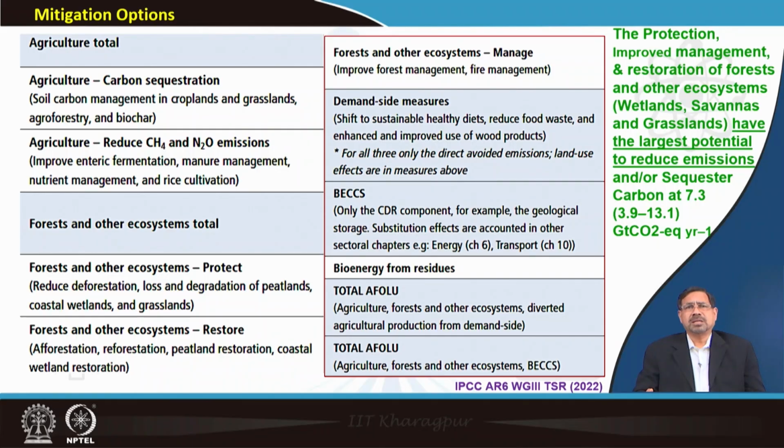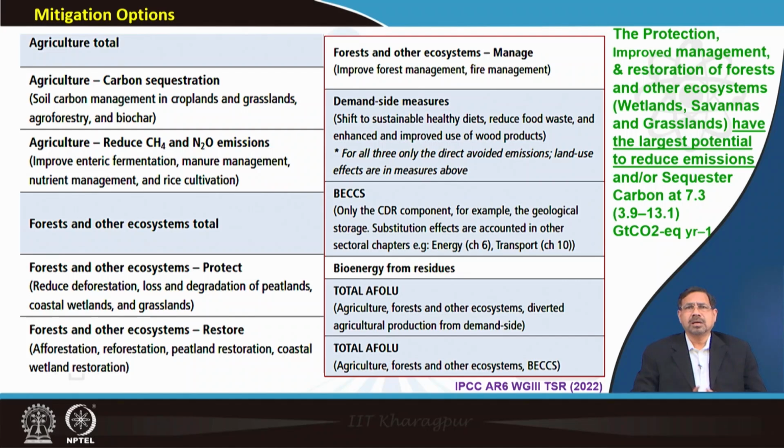Now coming to management. If we manage properly, then it contributes towards improvement of forest management and also management in terms of fire. So all this contributes to management of fire and other forest and other ecosystems. Another is demand side measures. As far as demand is concerned, for example a shift to sustainable healthy diets, reduced food waste and enhanced and improved use of wood products.